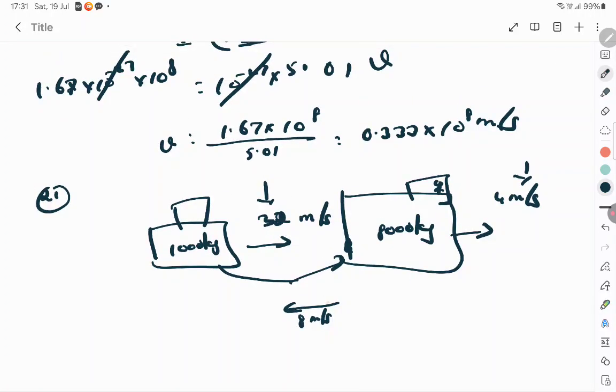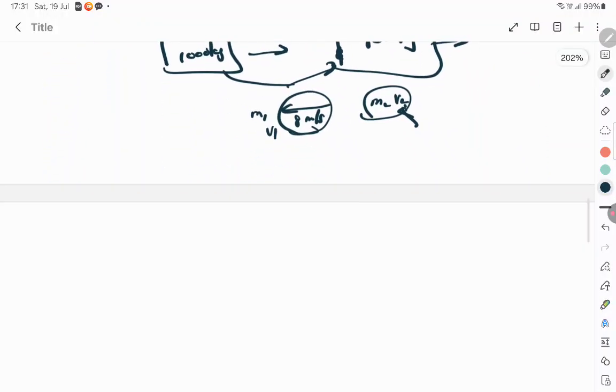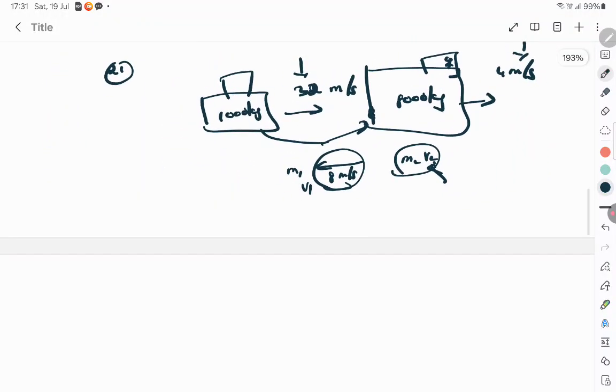After the collision, they have given mass 1's velocity, V1, and they're asking you to find the mass M2's velocity after the collision. So V2 is the question. Let's write conservation of momentum: m1 u1 plus m2 u2 is equal to m1 v1 plus m2 v2.